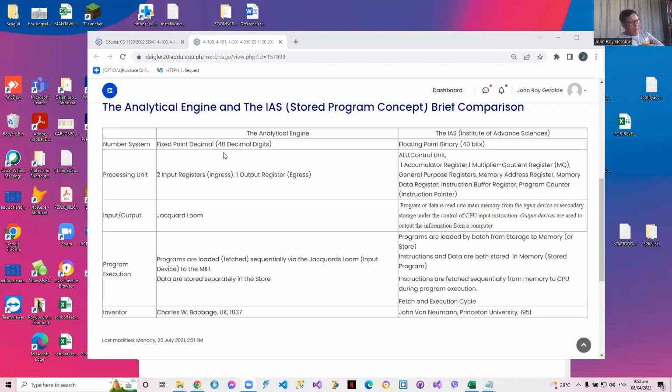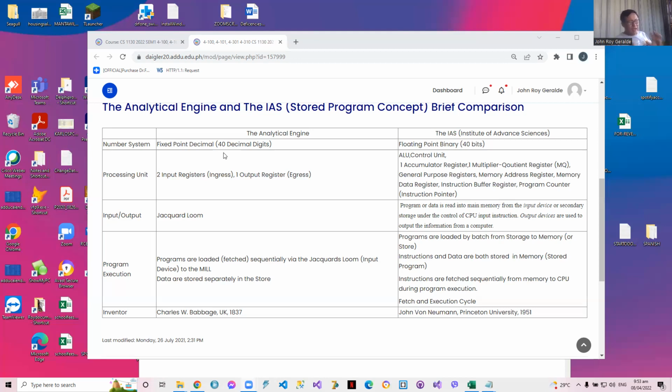But when you click it, it will be loaded fully into memory before it's executed. That's called the stored program concept, which means that the program and the data are now in the same medium, which is the memory. Do you follow? I hope you distinguish that. Kasi in Charles Babbage's concept, the program is in the loom, and the data are in the memory, and so they're separate mediums.